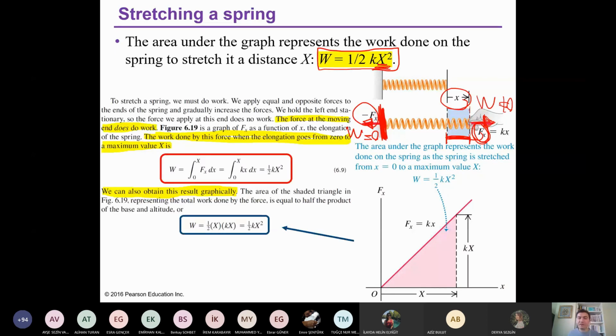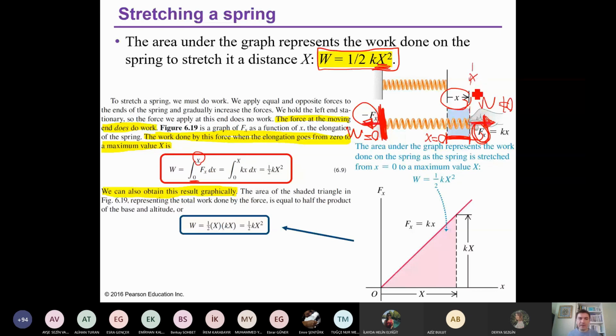This was the work formula for varying forces, which I showed you in the previous slides, and then just put here Fx dx. So let's consider that the initial position of the spring is 0. Let's consider that this is x equals 0, and this is the final position of x here.